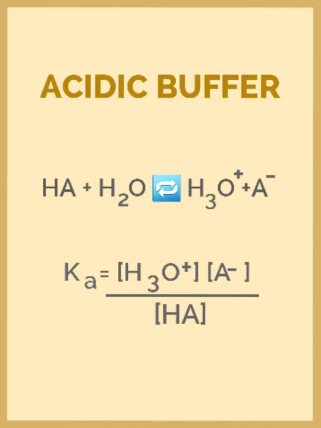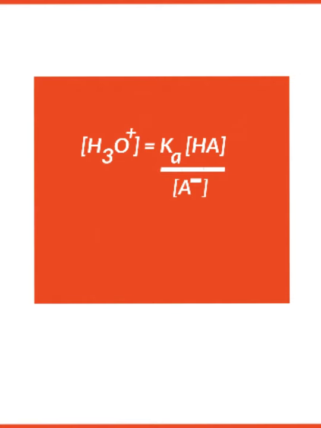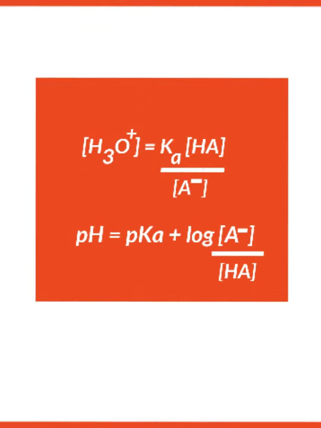Ka is equal to concentration of H3O+ multiplied by concentration of A- divided by concentration of the weak acid HA. On rearrangement, we can write concentration of H3O+ is equal to Ka multiplied by concentration of weak acid HA divided by the concentration of the conjugate base A-.